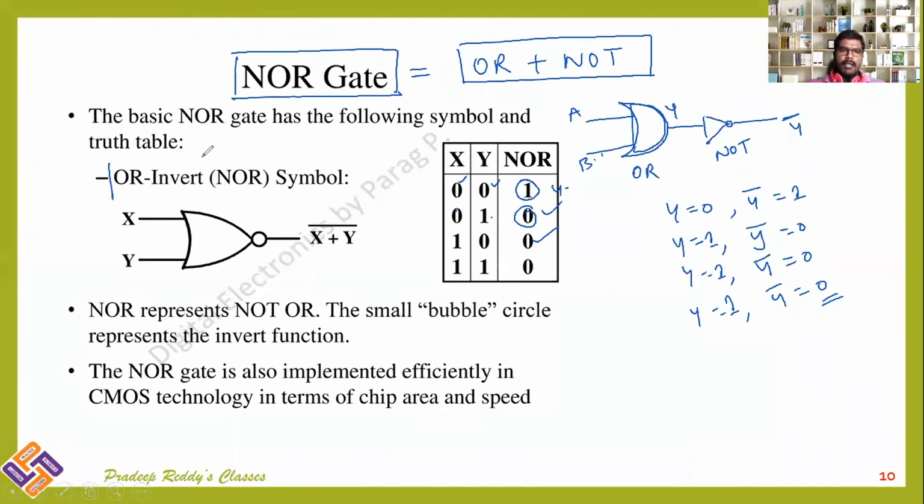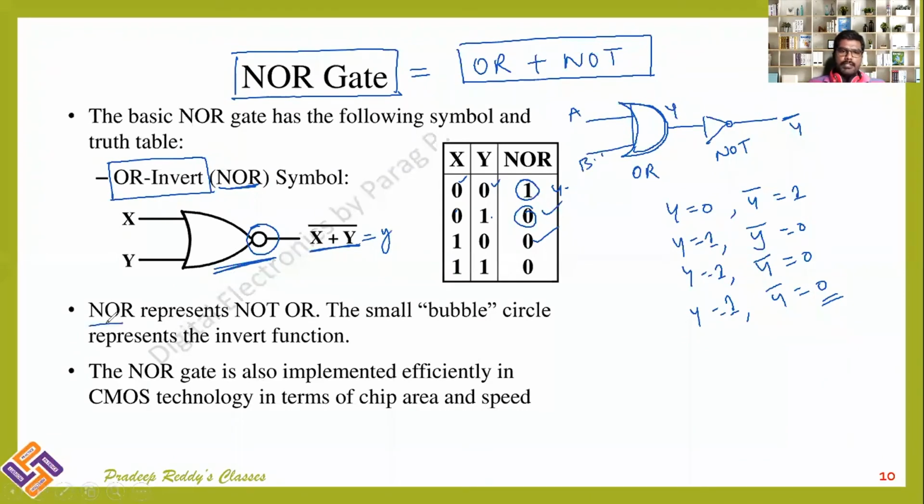You can even call it OR invert, and the symbol of NOR gate is this. In front there will be one bubble for NOR gate. For OR gate there will be no bubble. For NOR gate there will be one bubble in front of the OR gate. It represents that this is the complement of the output of OR gate.